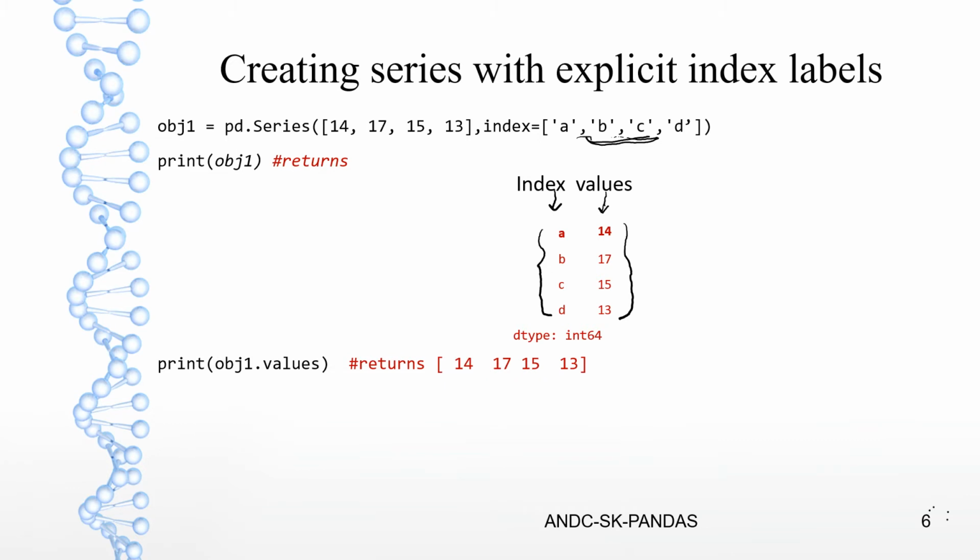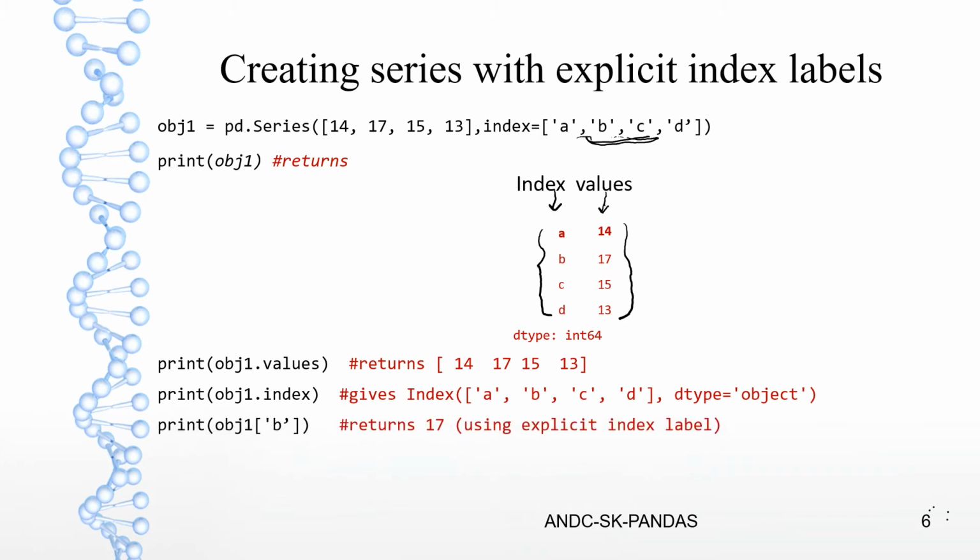Now if you print obj1.values, you will get 14, 17, 15, 13. And if you print obj1.index, you will get the user specified index using which you have created your series. If I want to access the value at index b, I will just have to write obj1['b'].